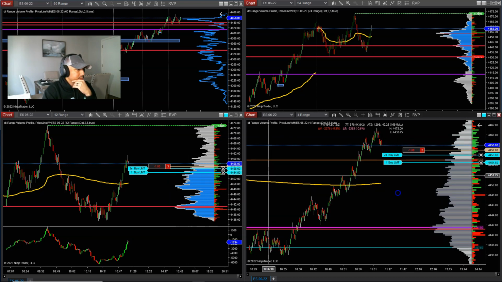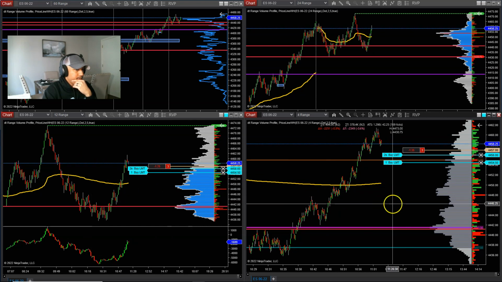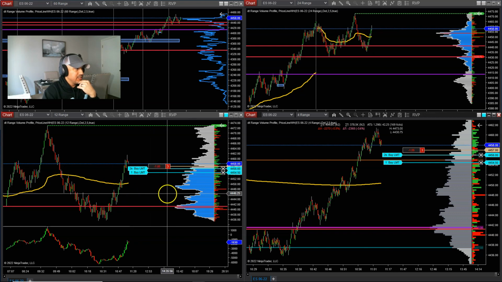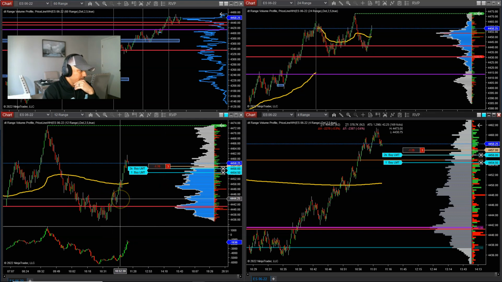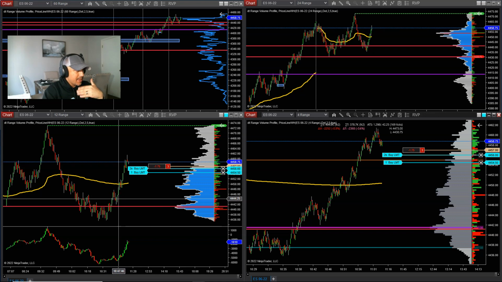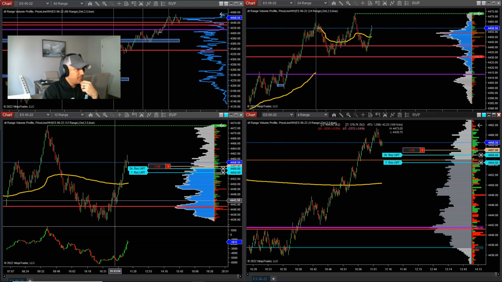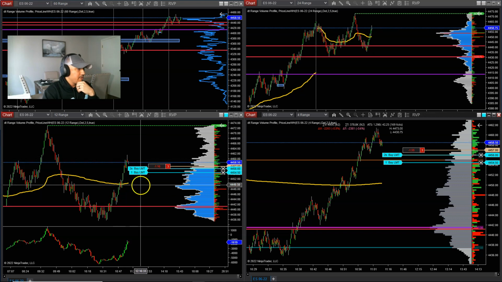Let me take a look here and see what this thing is doing. Yeah, you can see the pace of the market is really slow, so be careful trading this. The market's not moving. This is typically where I would get out of a trade because the pace of the market is not too fluid, so anything can happen. I mean, the market could actually just push higher here.